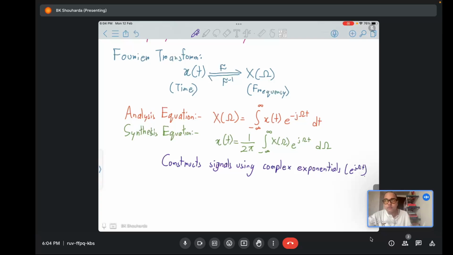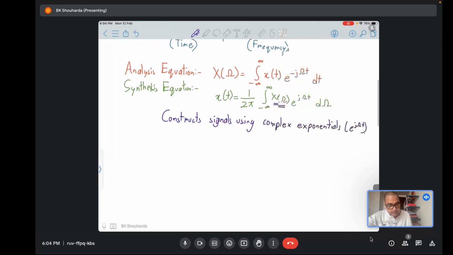All possible frequency complex exponentials are taken and they are combined in a weighted manner. And what are the weights? The weights are the X of omega. They are complex weights, and using them, they are all summed up to create the signal. Okay, that was the analysis and synthesis equation.